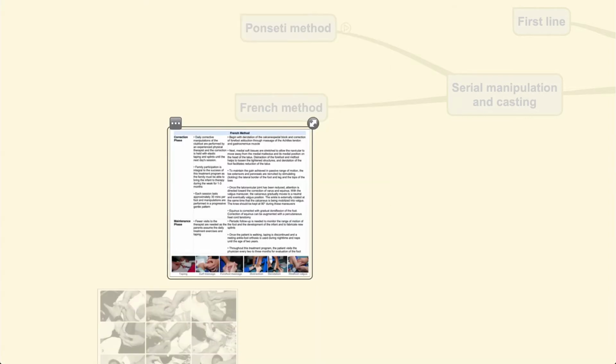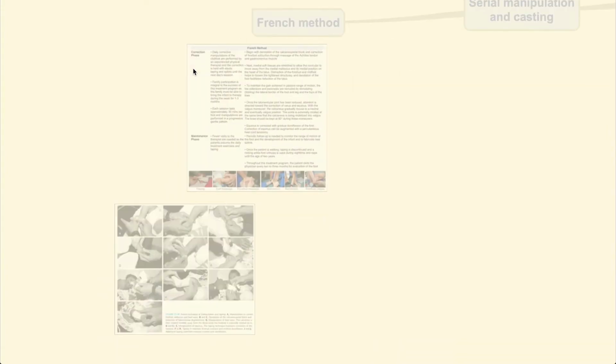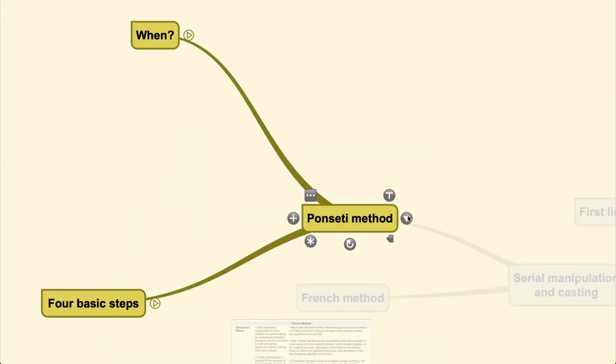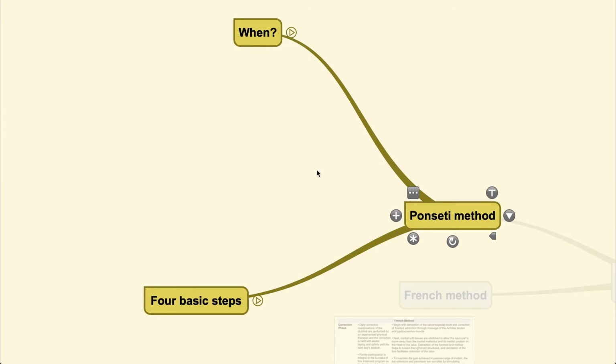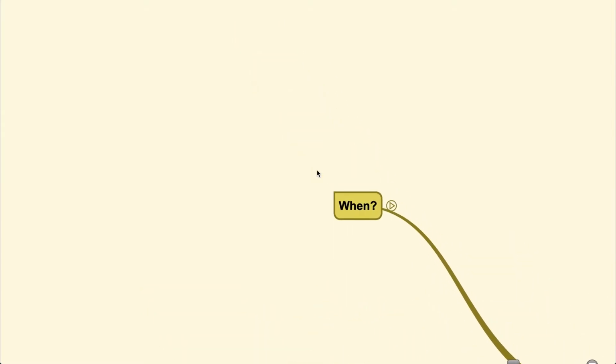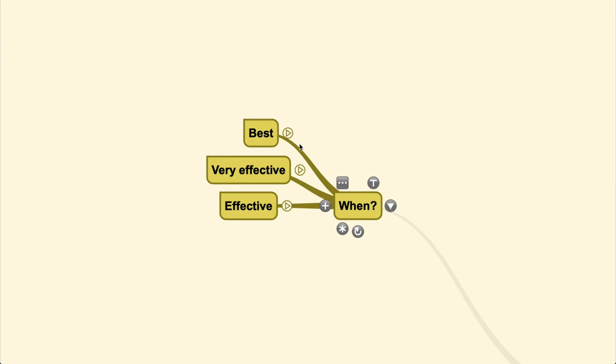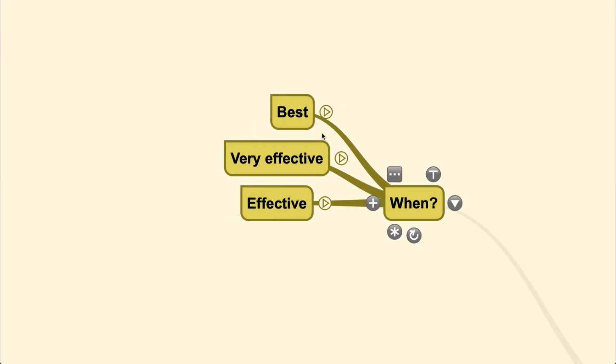The next method that I would like to elaborate on is the Ponseti method, and there are several basic questions that need to be answered before you can fully understand it. The first is, when do you start the Ponseti method?